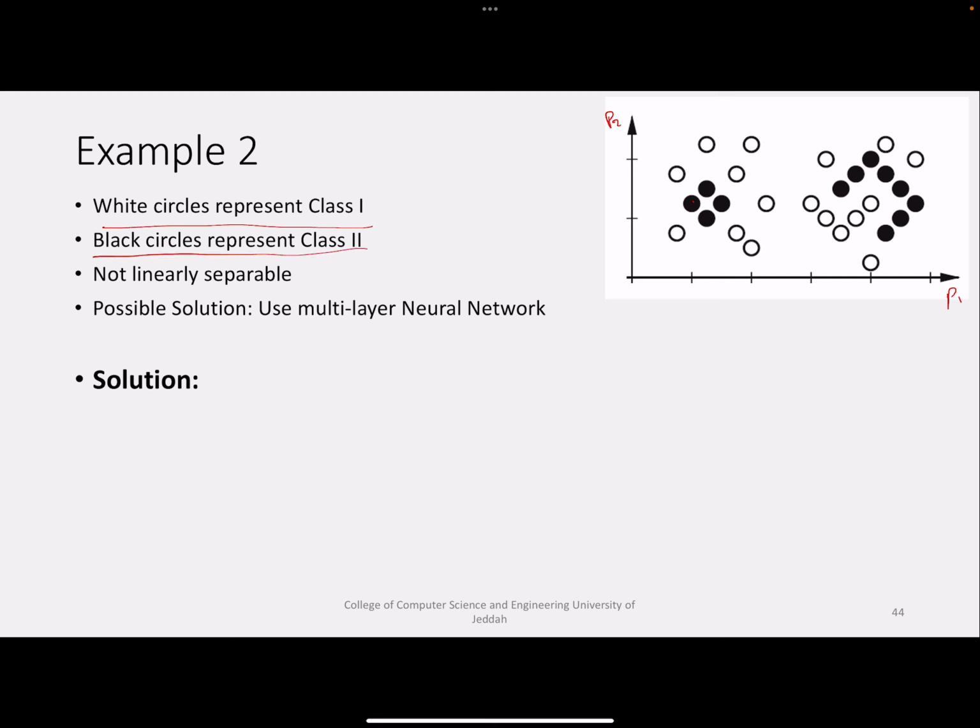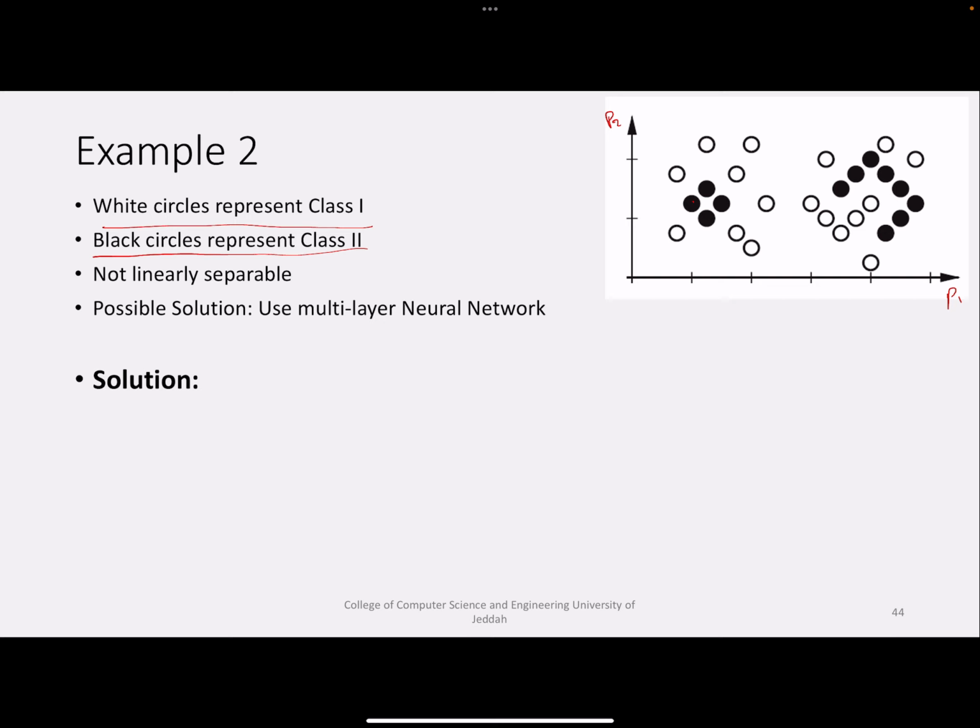The black circles represent class 2. Now it's again quite clear that it's not possible to draw a single line and separate class 1 prototypes from class 2 prototypes. So we have to use a multi-layer neural network.